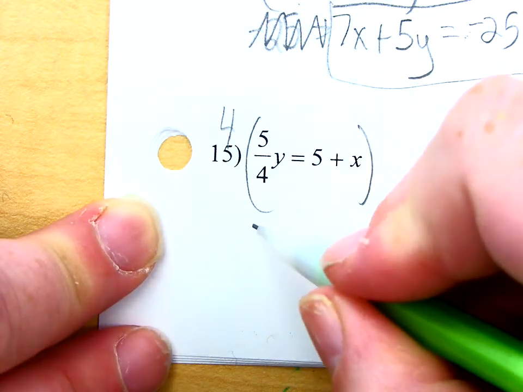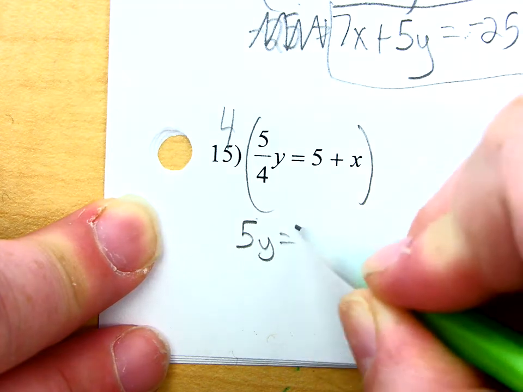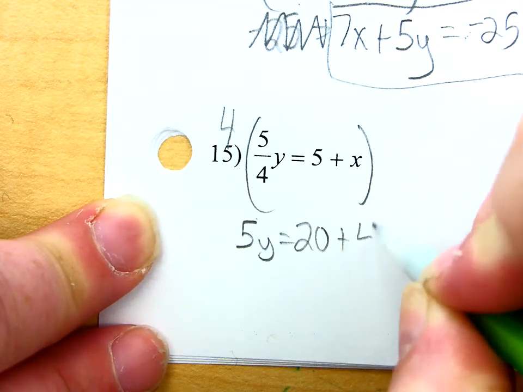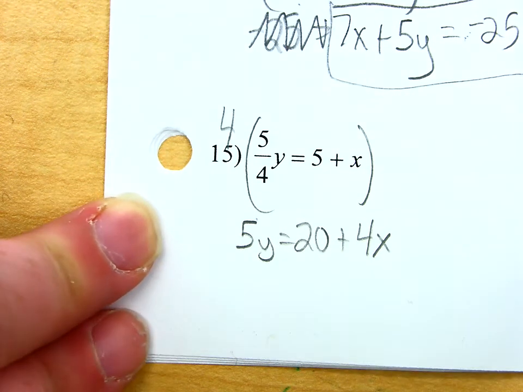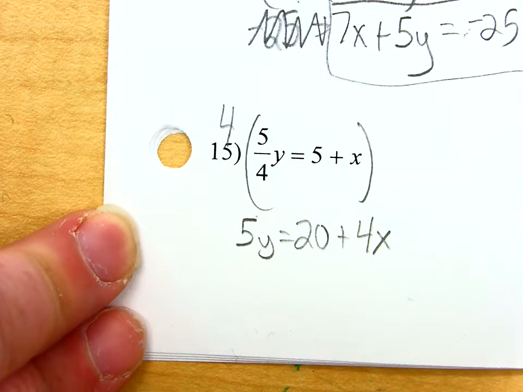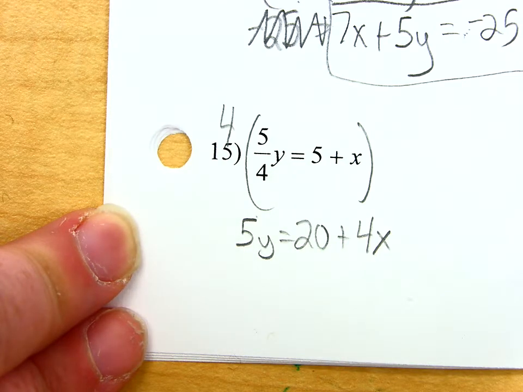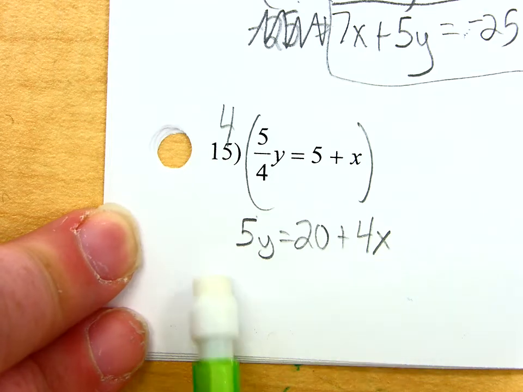So go ahead and try that and see if you get the same thing that I get. Did you get the same thing I got? Make sure you're multiplying every single term by 4. Now, yeah, we can minus the 4x to the other side.